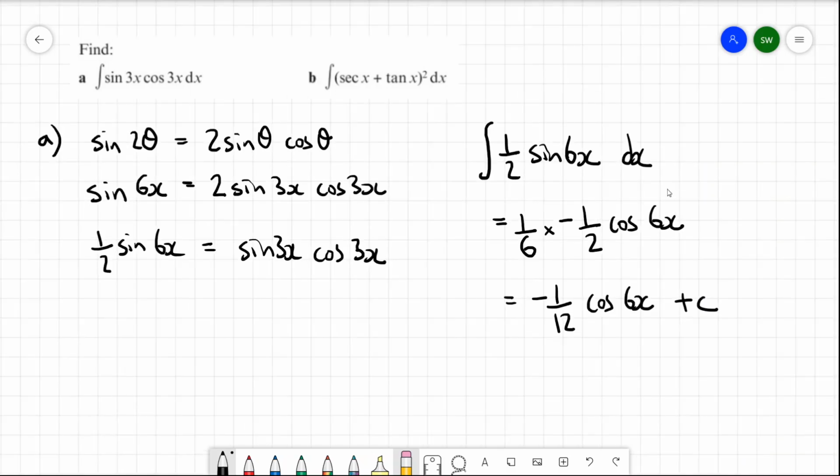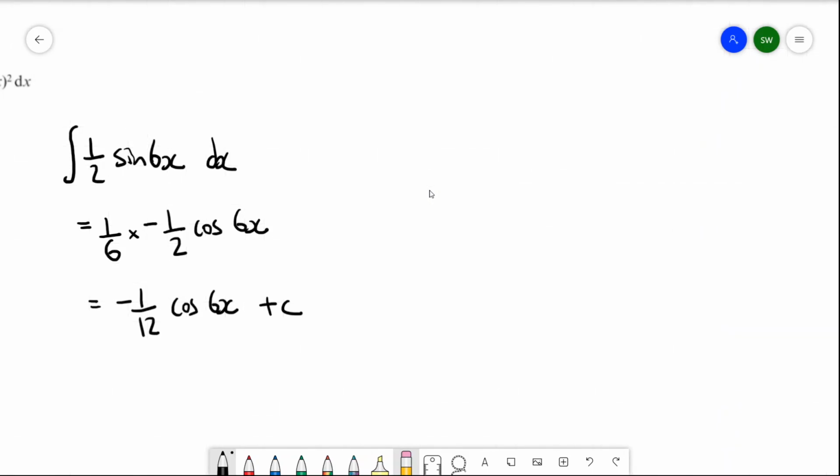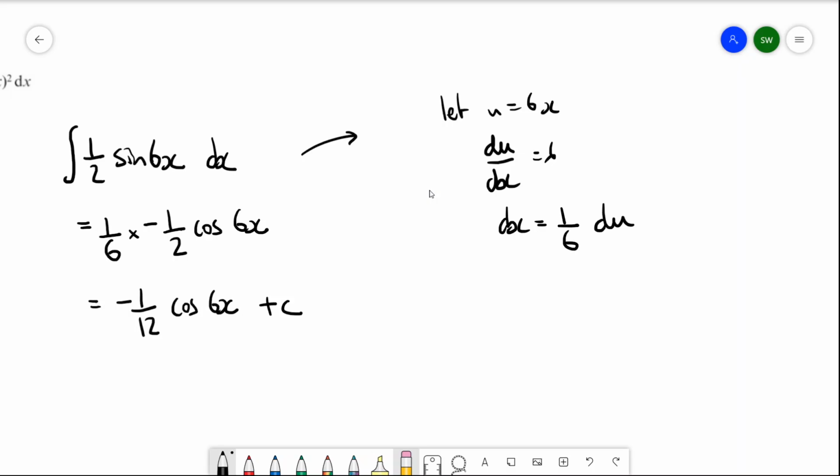If you don't like that quick way of doing that, you could use a substitution. If you wanted to, you could say let u be 6x, so that du by dx is equal to 6, so that dx is equal to a sixth du if you rearrange that.